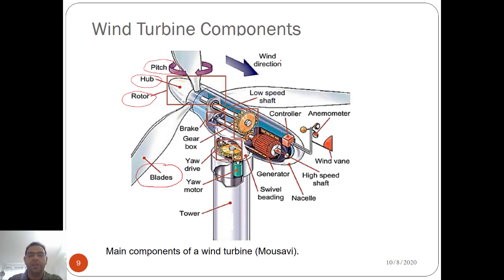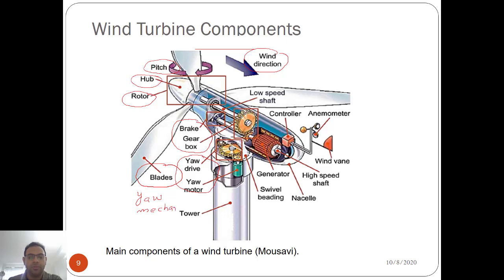The wind direction will also be measured, but this will be measured through a sensor which we call an anemometer. Then there is a brake to stop your turbine instantly. There is a yaw drive, a yaw motor. This overall mechanism is called a yaw mechanism. So I write it as yaw mechanism.